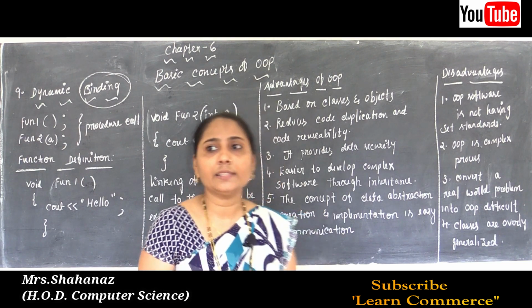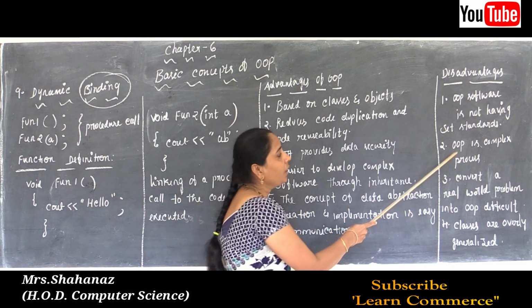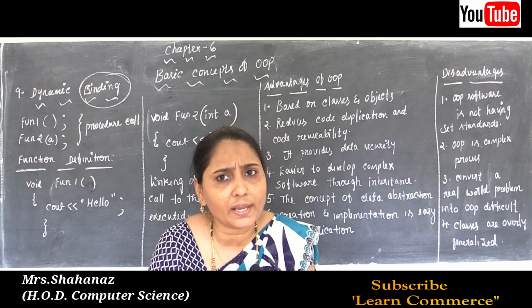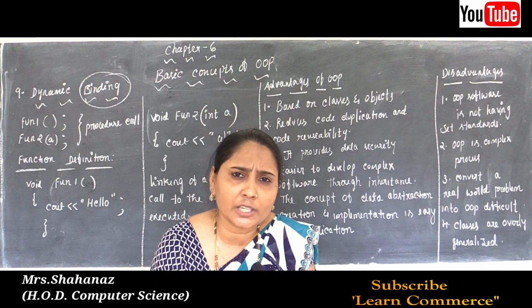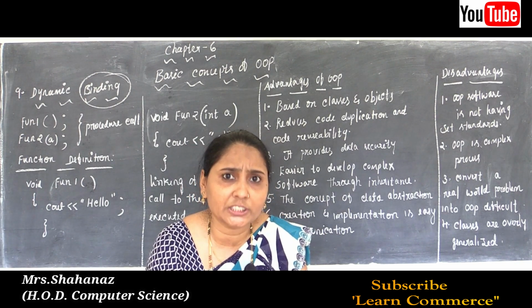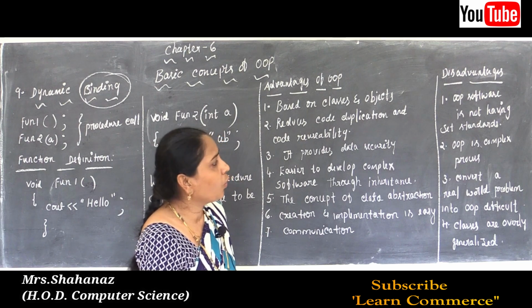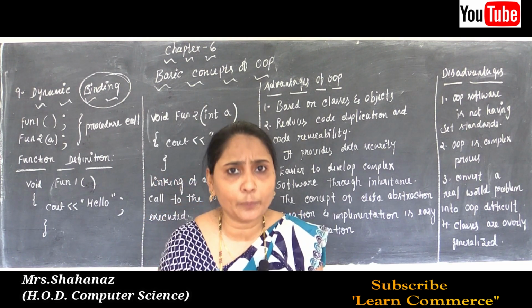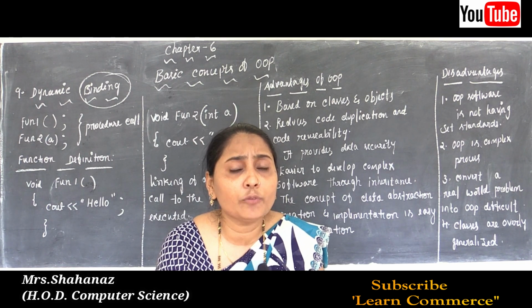Next is that OOP is a complex process. Why is it called a complex process? I already said many advantages are there, and now we are discussing some disadvantages. In the disadvantages I said OOP is a complex process. Why? Because while creating any program, we draw flow diagrams.